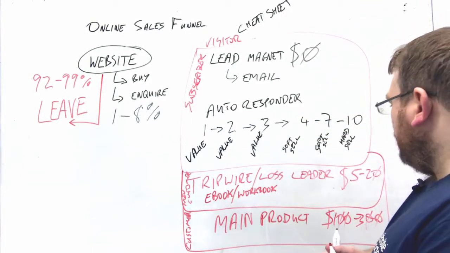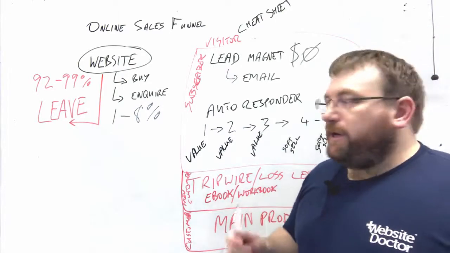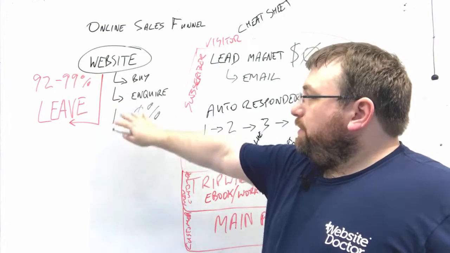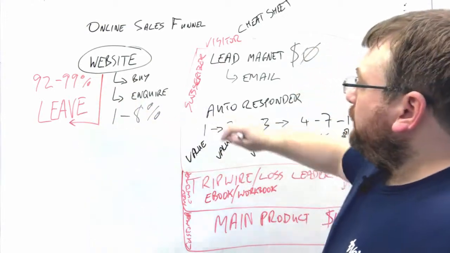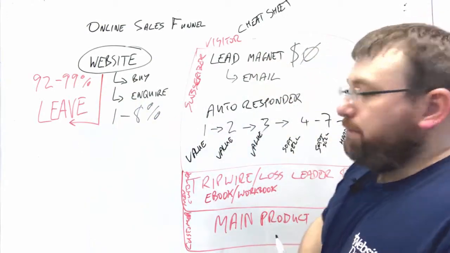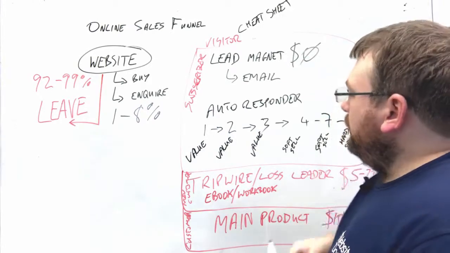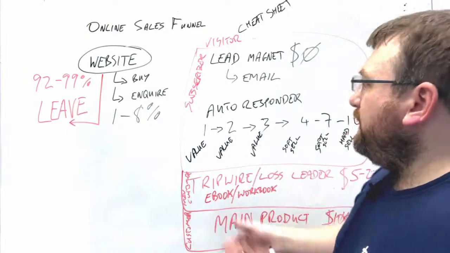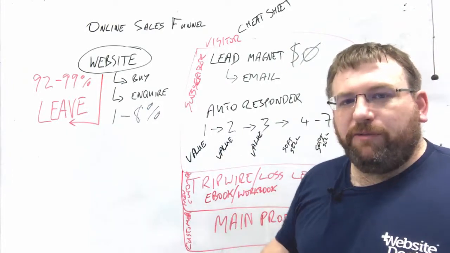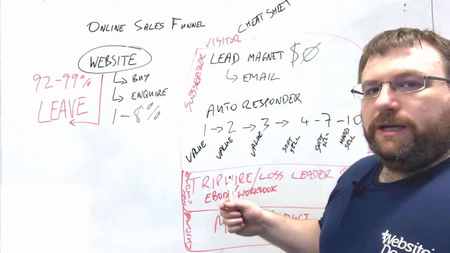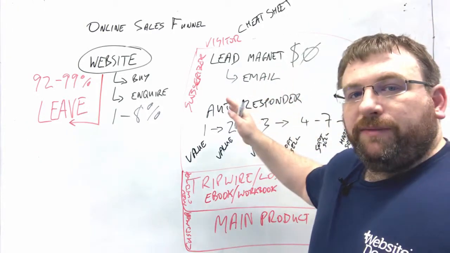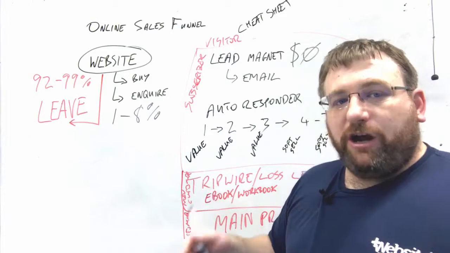So it can be really effective because what you're doing is capturing many more of these people who were just going to leave anyway, by getting them to subscribe. And there are more advanced steps that I'll talk to you about in another video, where you can take the people who didn't subscribe and use a technique called retargeting.